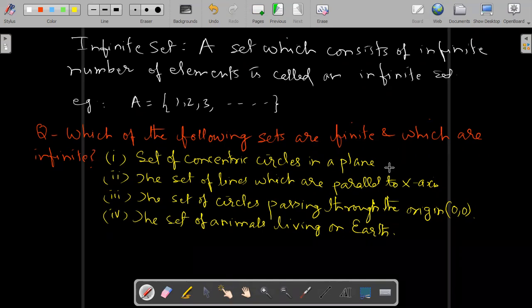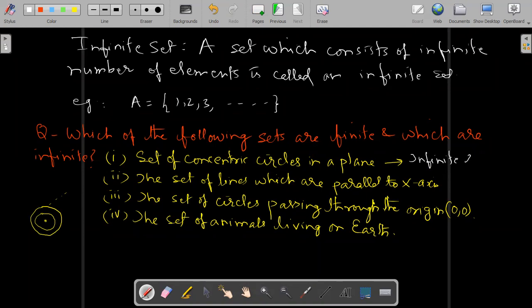Because concentric circles means circles which have the same center. Suppose I take this center point and want to draw circles. We can draw any number of circles on this center, one like this, another like this. So we can draw infinite circles. So this is an infinite set.